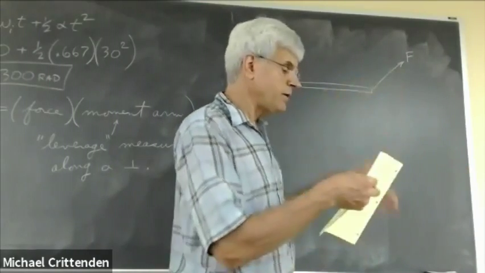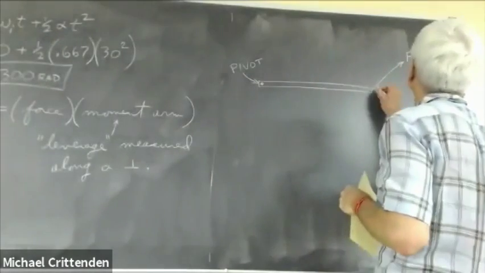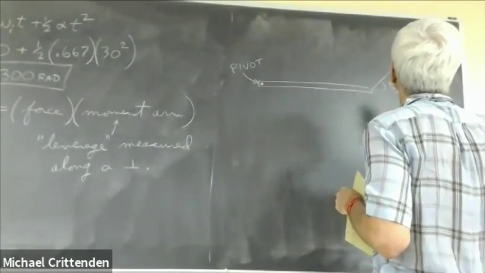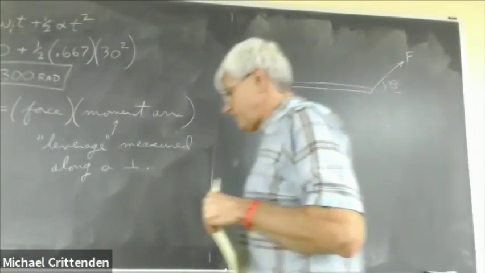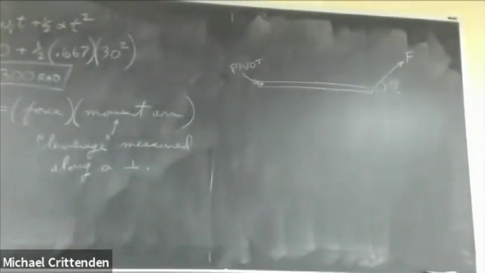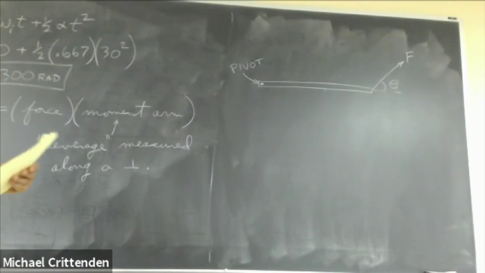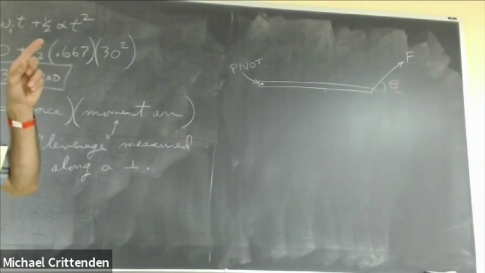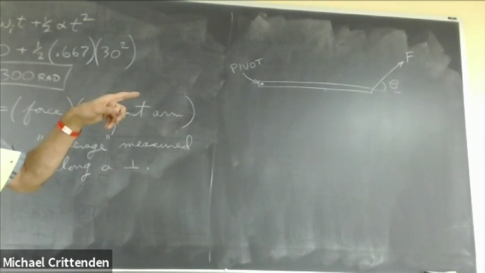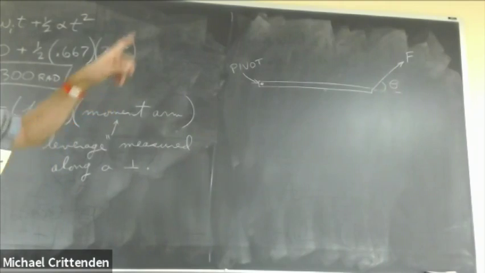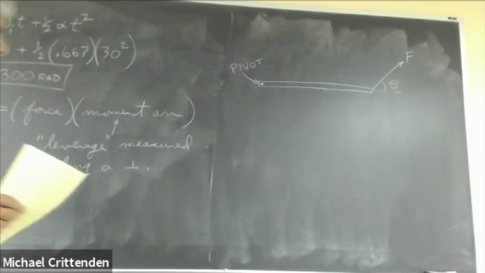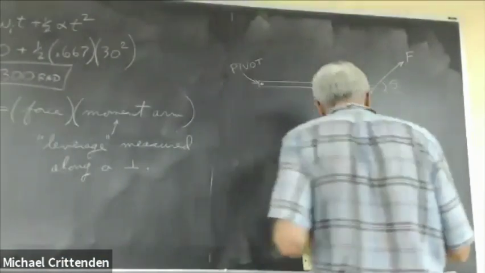So let's just draw it at some random angle. The angle between the force and the wrench or door or whatever that is, is theta. If you take the arrow that represents the force and extend it in both directions, in principle, extend it to infinity.